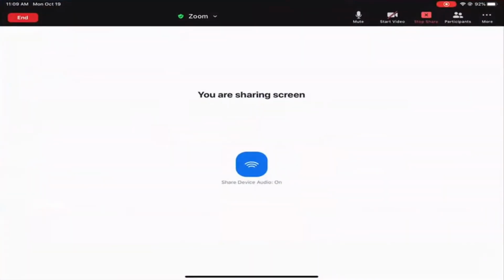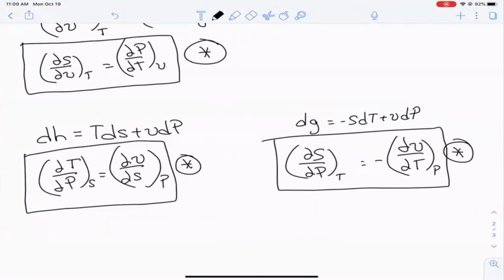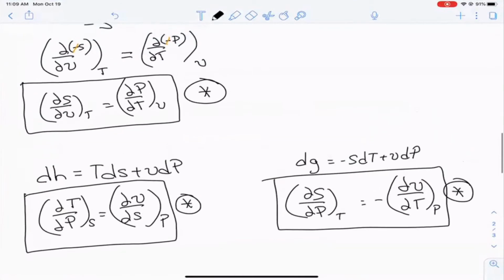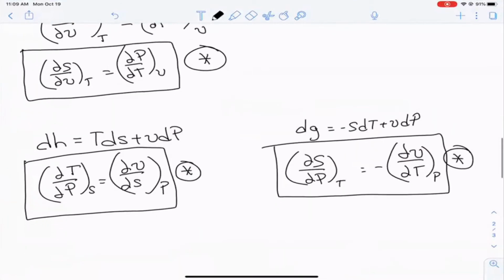So we're always taking the derivative with respect to the, what was the word you used? Canonical variables. Yep. So whatever the differentials are, like dS and dV, if we were doing dU, or like in dG, it would be dT and dP. Yeah, that's right.